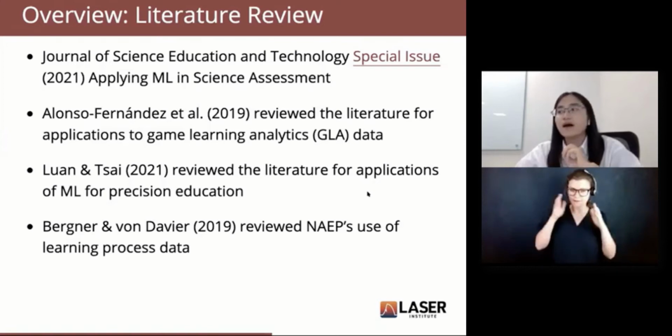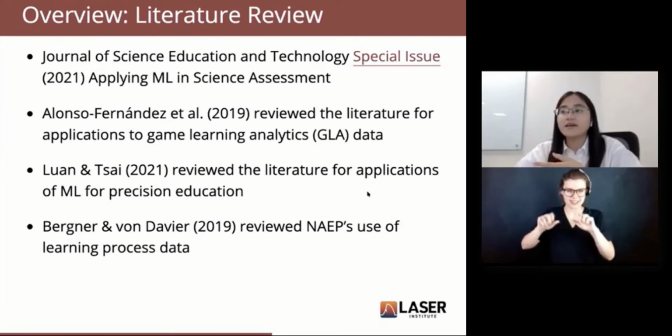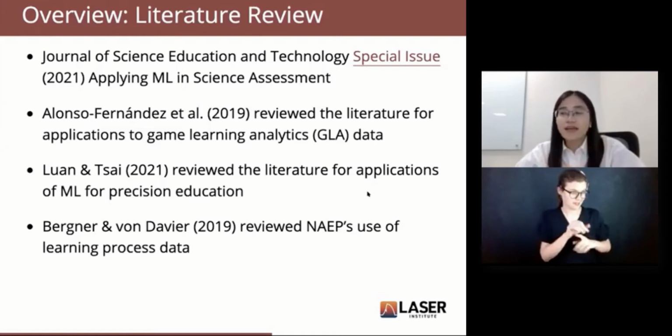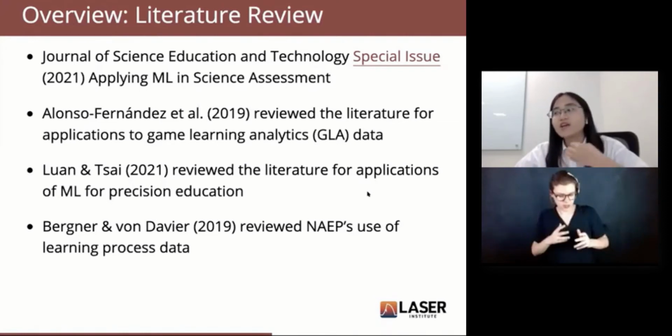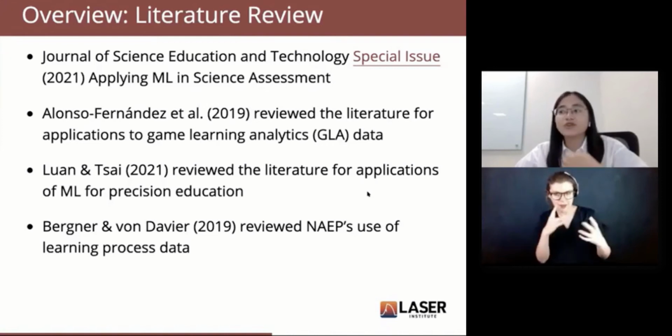In addition, Alonso-Fernández and colleagues reviewed the literature on applications to game learning analytics data, and the authors demonstrated that raw GLA data can predict impact on learning, and recommended creating student profiles and clusters. Based on such profiles and clusters, instructors or teachers can provide targeted feedback and adaptive learning experiences.